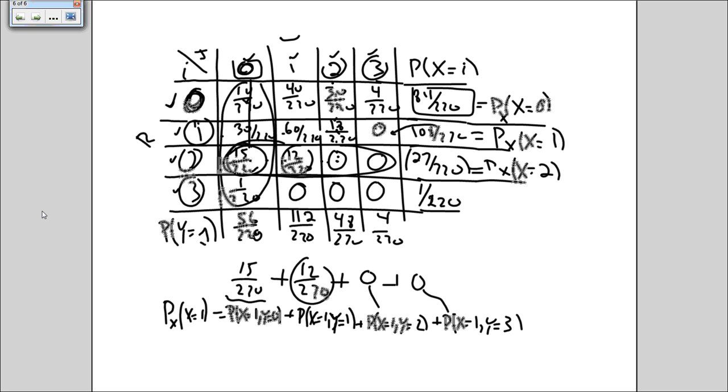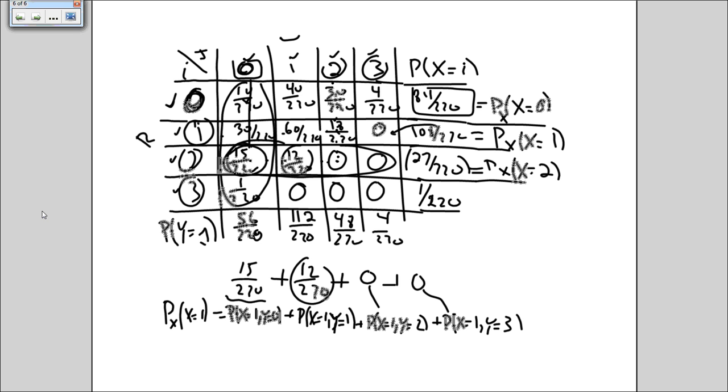Called the PMF. And likewise, this number right here is the probability that y takes on the number 0. I look straight above. This is the probability that y equals 1. That number is the probability that y equals 2.